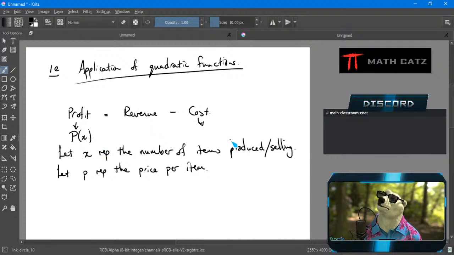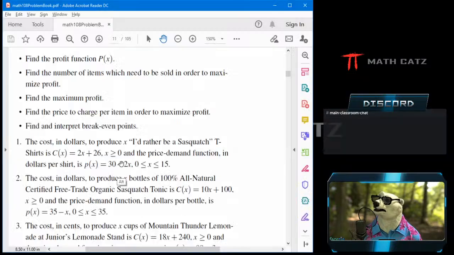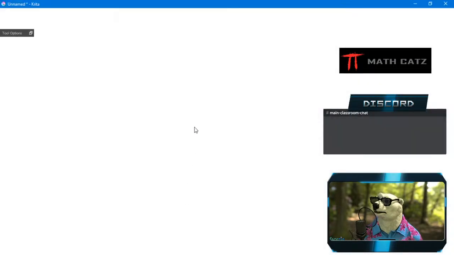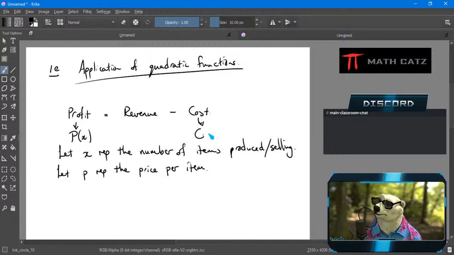So X is my input. How do I calculate the profit? Well, the money that I'm going to get in minus how much it costs me, and how much it costs me is exactly given by this cost function. That'll be my C for cost, C of X. So how do I calculate how much money I'm getting from selling X number of t-shirts at p dollars per t-shirt?